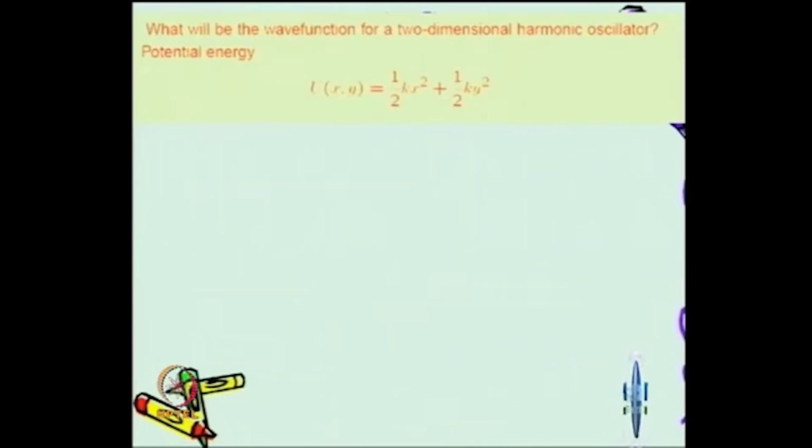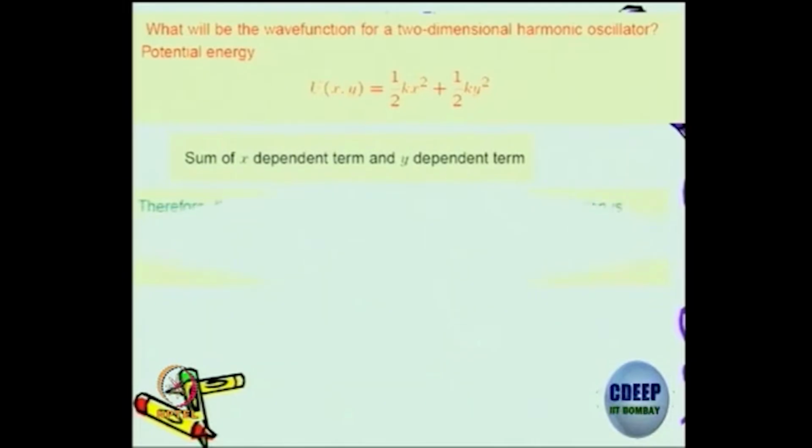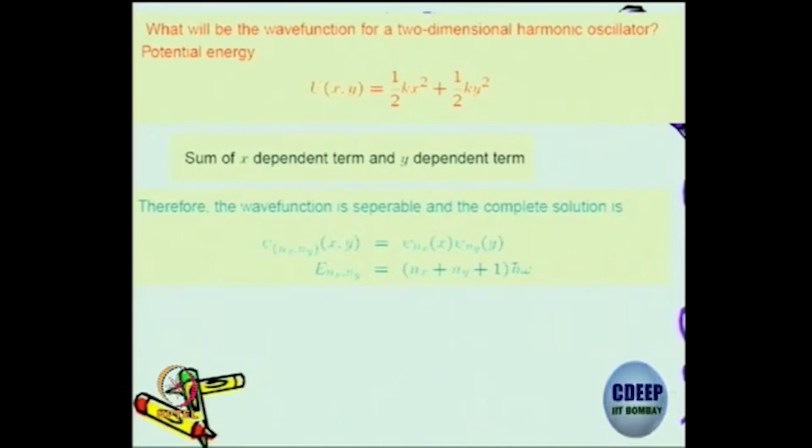The same procedure applies if you want to go beyond one dimension to the two-dimensional harmonic oscillator. Are they separable or not separable? They are separable, right? Then you can write your solution with two quantum numbers, nx and ny, and you can write the total energy as nx plus half h cross omega plus ny plus half h cross omega.